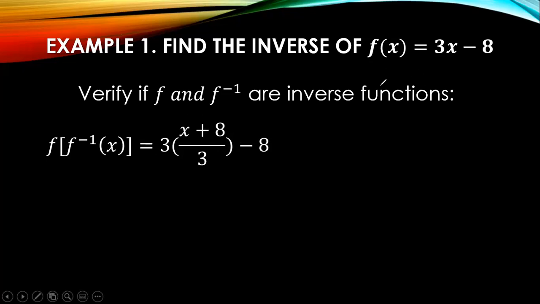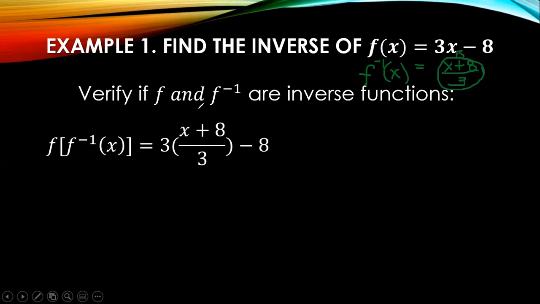Okay, so baka malito tayo, no? So, ang nakuha natin, f of x equal to 3x minus 8. Yun yung given. And nakuha nating inverse or na-solve is x plus 8 all over 3. So, itong buong inverse function na to, papasok natin or isa-substitute natin sa original function.